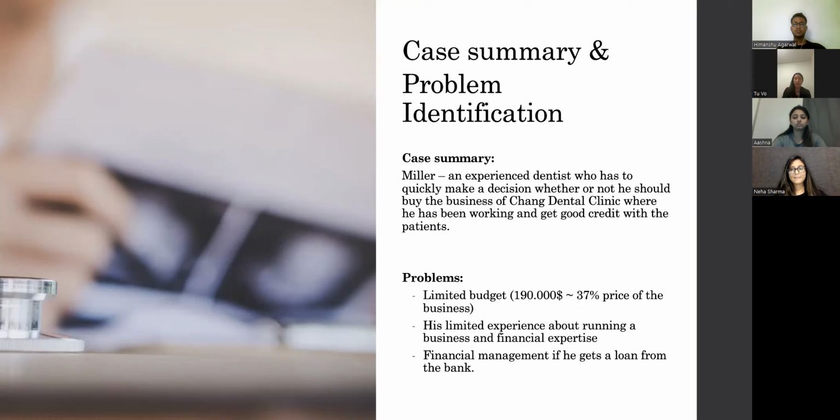Although he has had some courses about business management during his dental school, he has very limited experience in running and managing a business by himself, as well as financial expertise. So with his limited budget, he is thinking about financial options where he can get a loan from the bank.